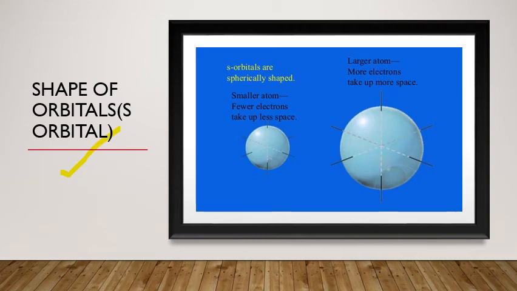S orbitals are spherical in shape. For smaller atoms, fewer electrons are present and they take up less space. If we have a larger atom, we have more electrons, which take up more space. The s orbital is spherical like a ball.